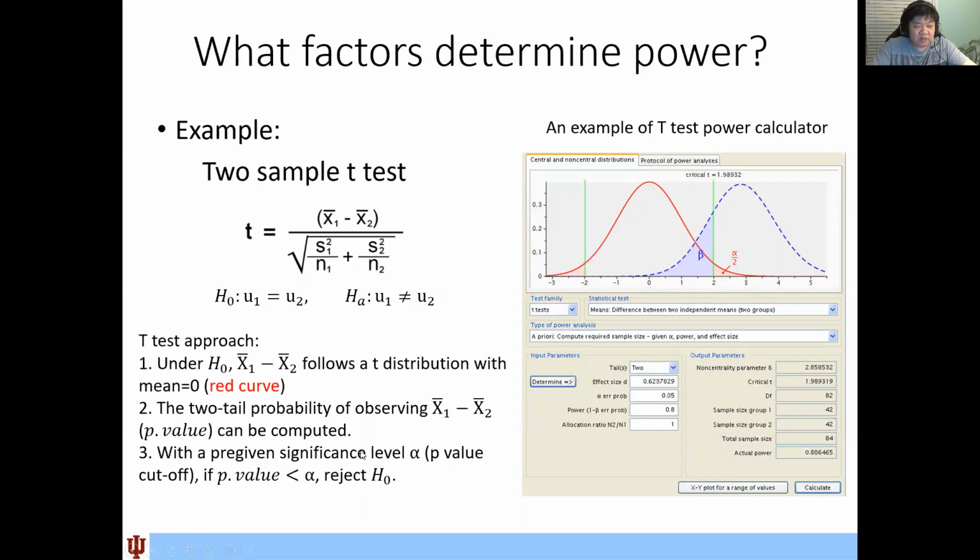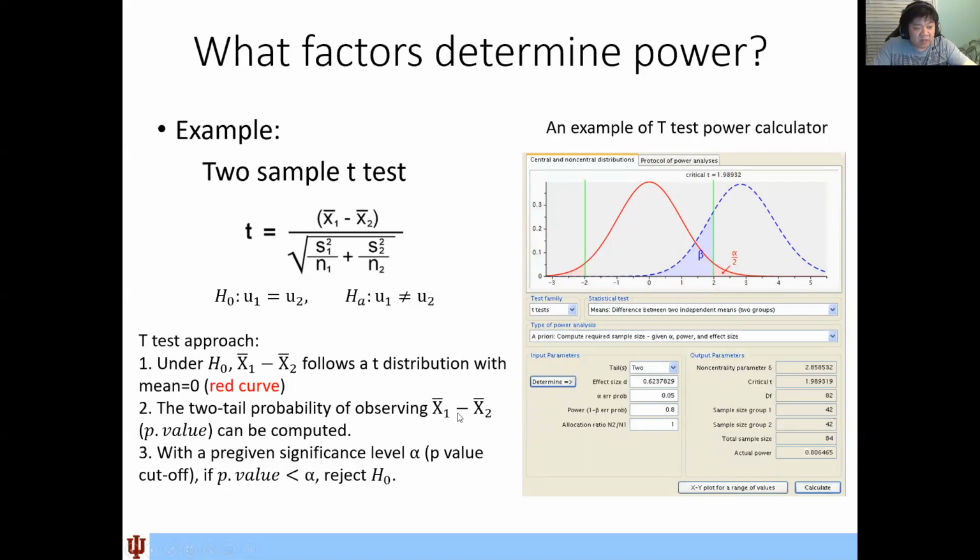With a pre-given significance level alpha, which is the type 1 error and the p-value cutoff, if the p-value of your observed x1 bar minus x2 bar is smaller than alpha, we will reject H0.